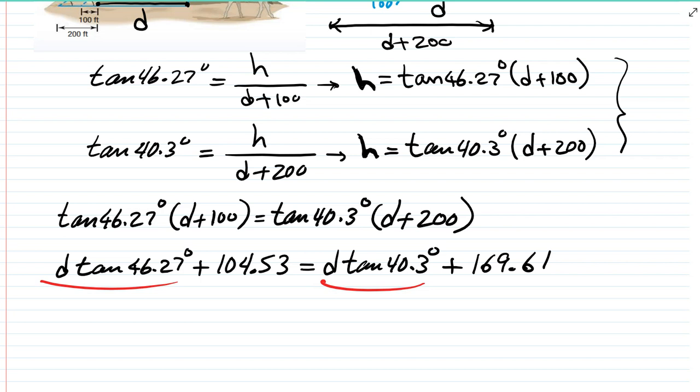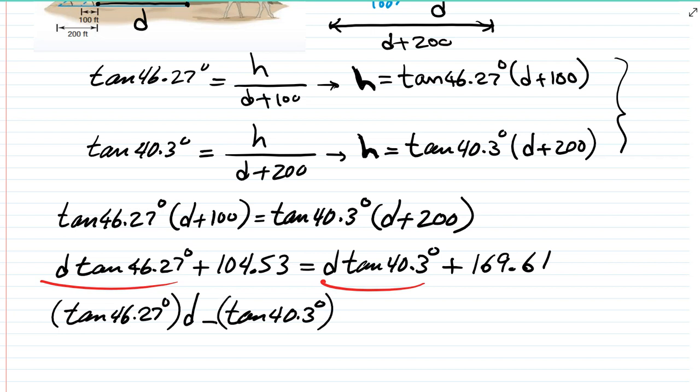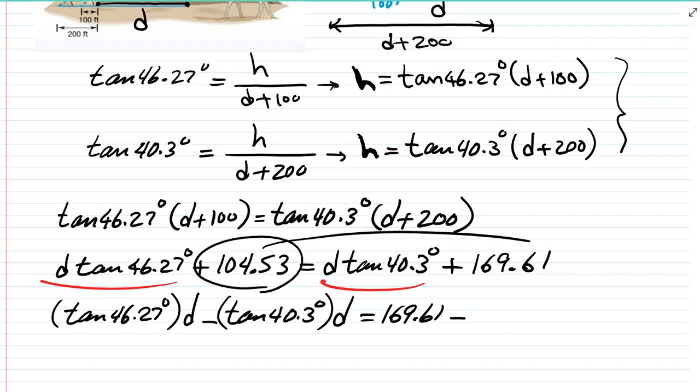Okay. Now I'm going to collect my d terms on the same side. So that means I have tan 46.27 degrees times d minus, bring this term on the right, move it from the right to the left, minus tan 40.3 degrees times d equals, then I go 169.61 minus, move 104.53 to the other side.